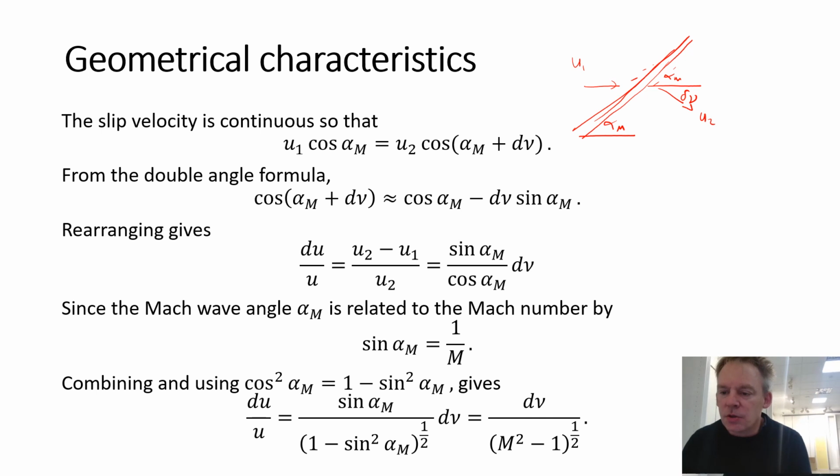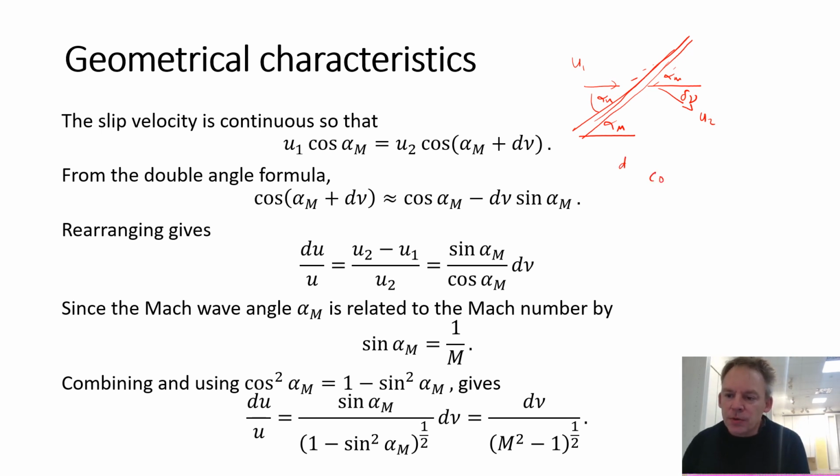So the tangential component upstream is just U1 cos alpha m1, and downstream it's U2 cos(alpha m plus d nu). We're going to use a double angle formula, and as you know, cos(a plus b) is cos a cos b minus sin a sin b.